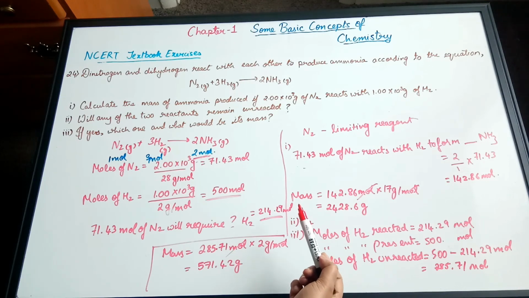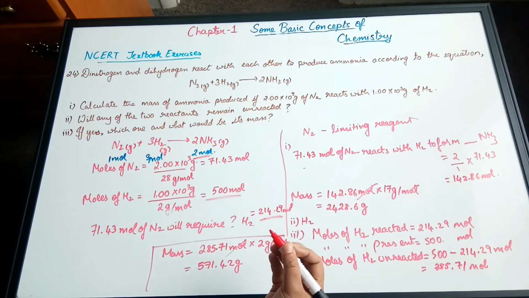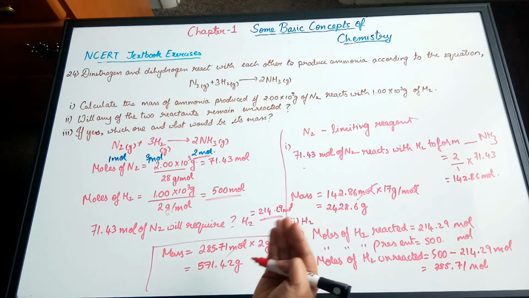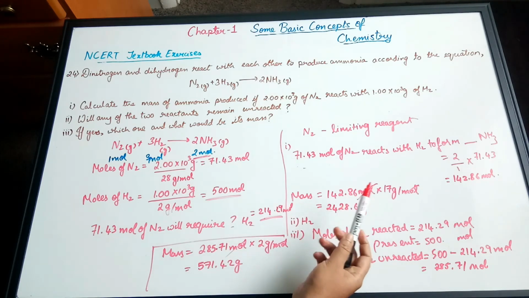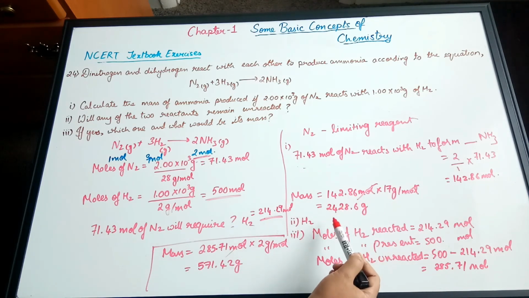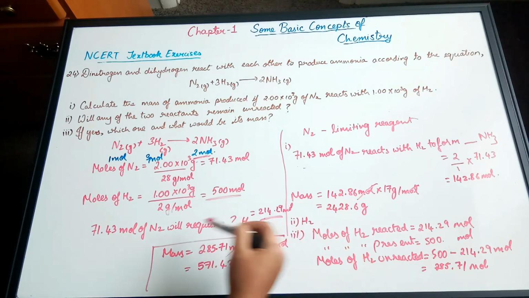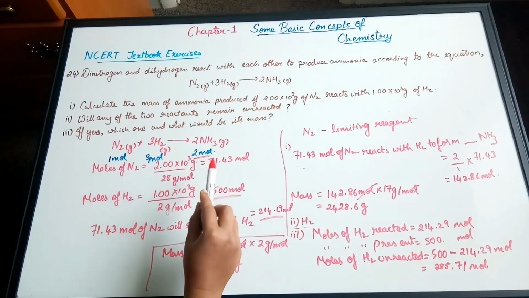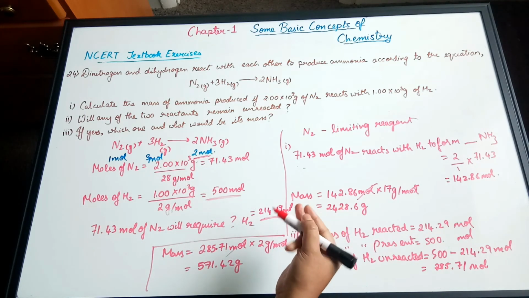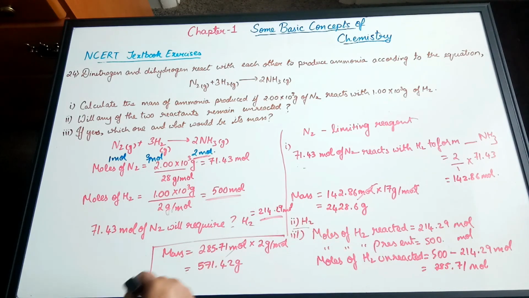Again, number of moles equals mass by molar mass. So mass would be equal to the number of moles into the molar mass, and that gave us the mass of ammonia. By our previous calculations, we figured out that one of the two reactants, that is hydrogen, remained unreacted.